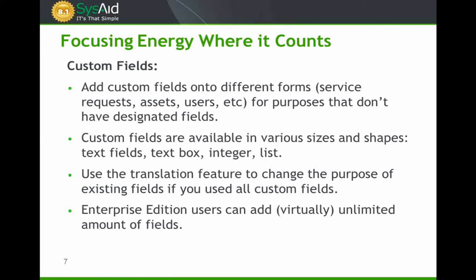I'm saying virtually because there is no limit in Sysaid, but I'm guessing, with a SQL database, if you create a table with hundreds or thousands of columns, eventually SQL won't like it and might behave funny. So I'm saying virtually because it's so many columns it's going to allow you. You're not really going to hit any limitation sometime soon.